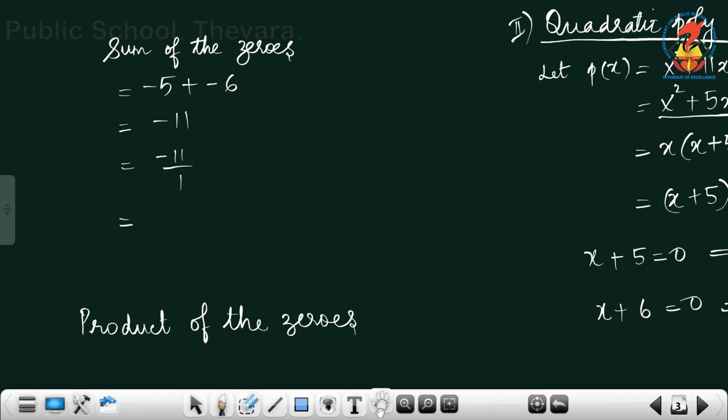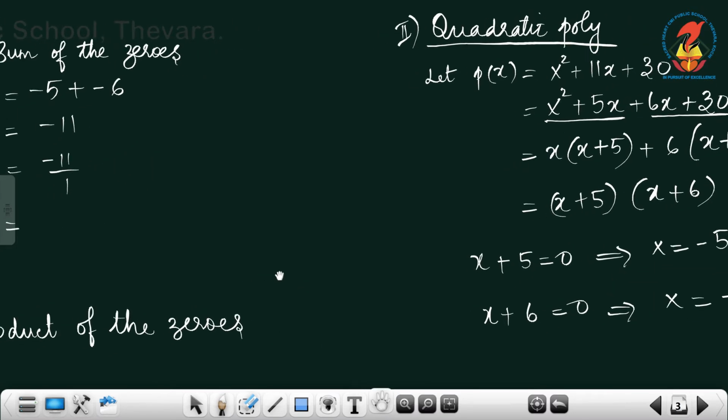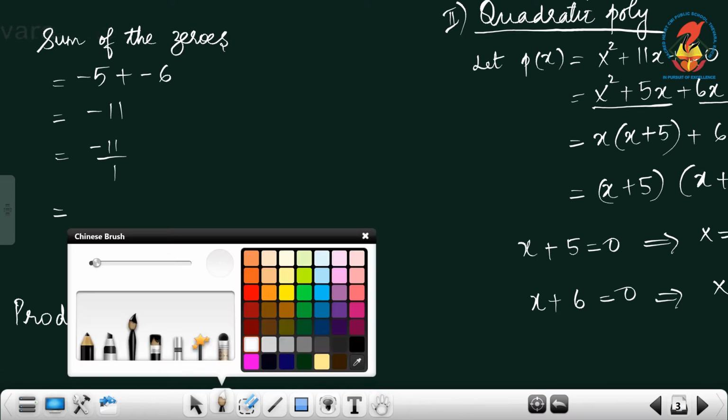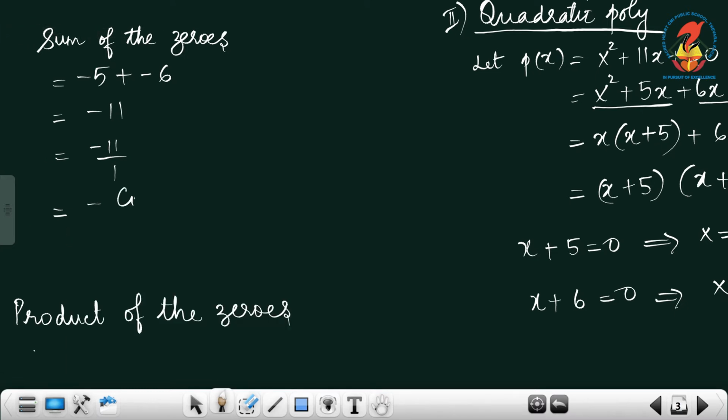And children, when you check the quadratic polynomial here, just see 11 is the coefficient of x and 1 is the coefficient of x square.